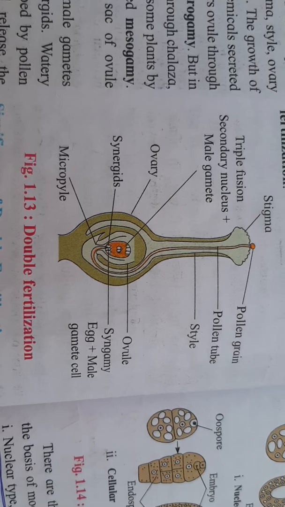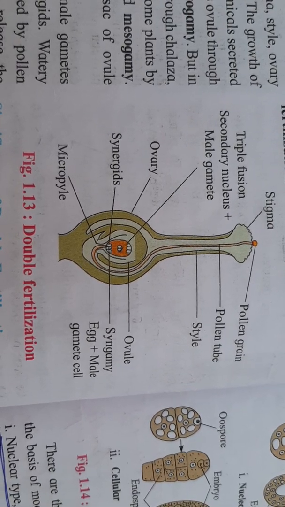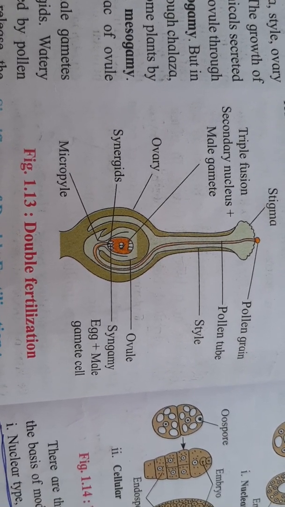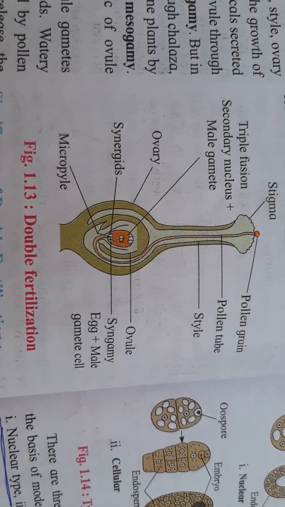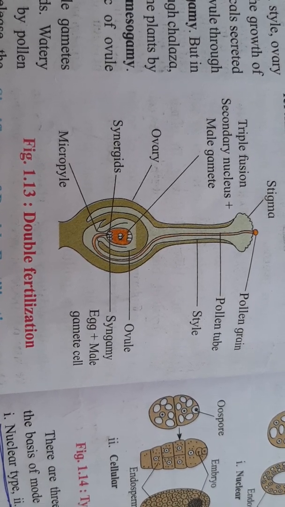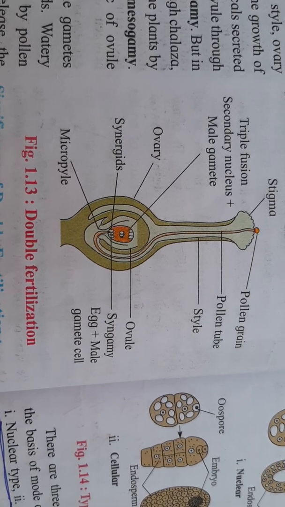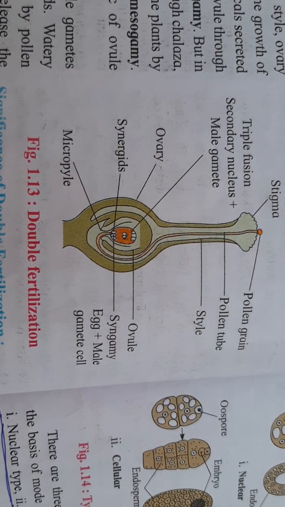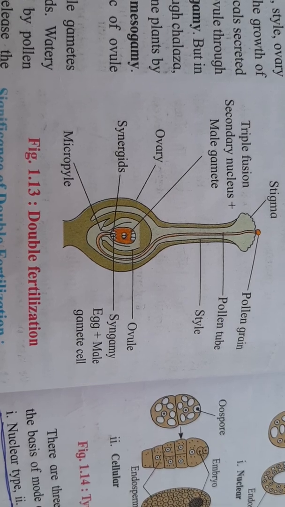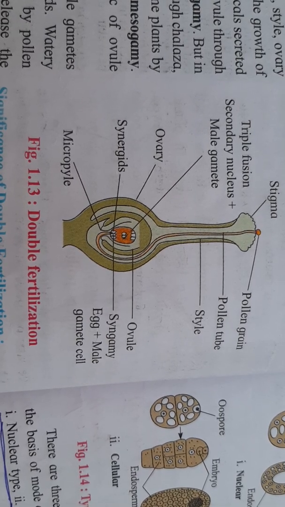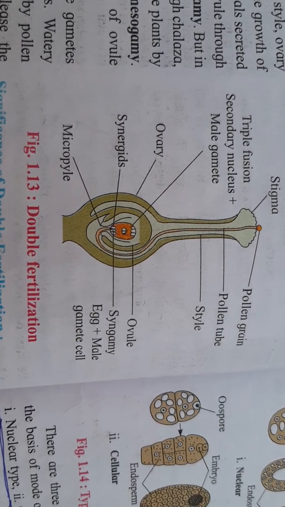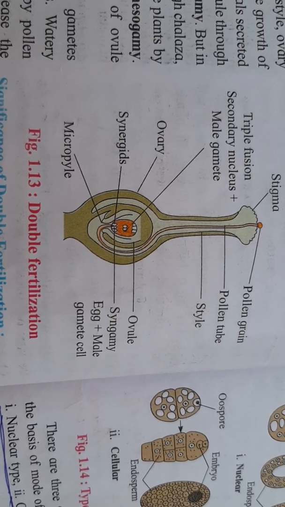The process starts with the coming of pollen grains. When mature pollen grains come to a stigma via various types of pollination or agencies, reactions take place in the pollen grains.